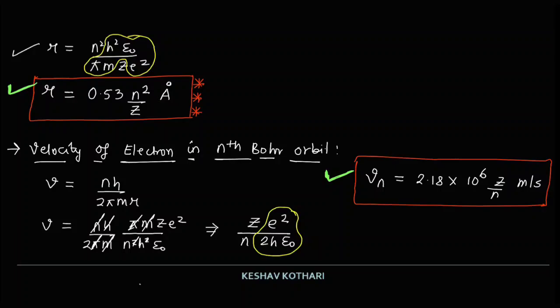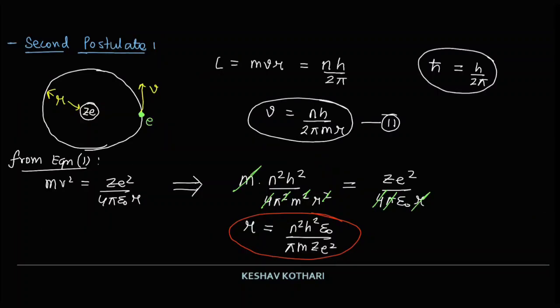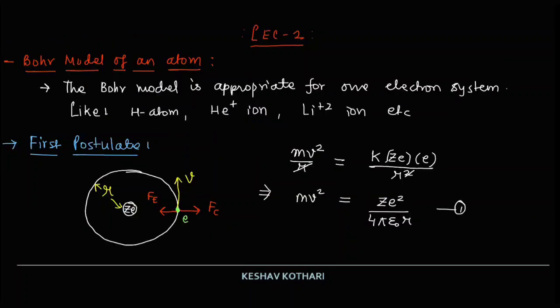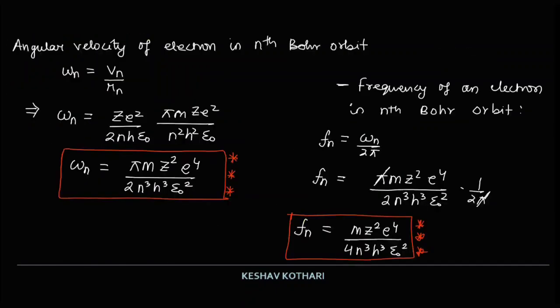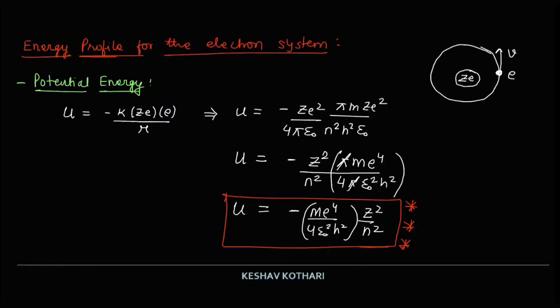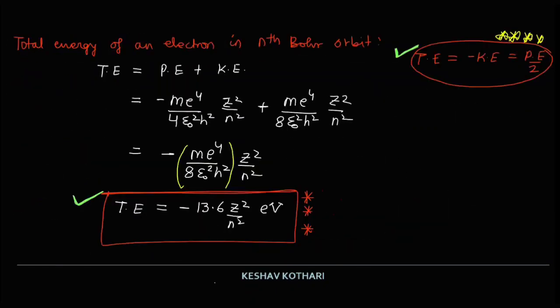The velocity and radius can be very quickly calculated if you write the expression by balancing the centrifugal force and the electrostatic force, and the next one can be written with the second postulate, that is, the angular momentum is quantized.